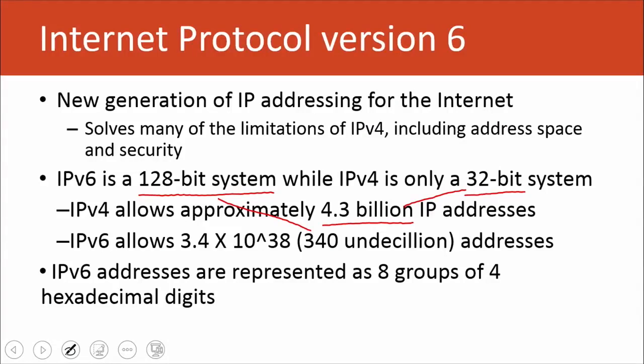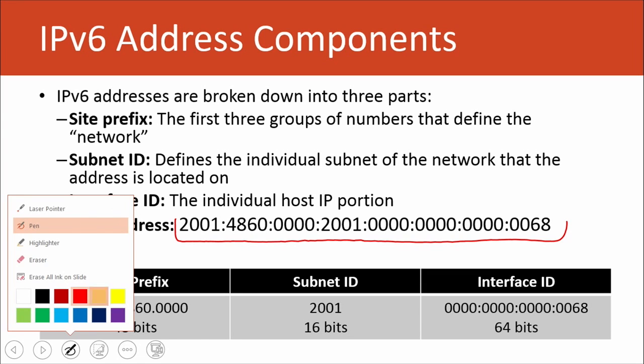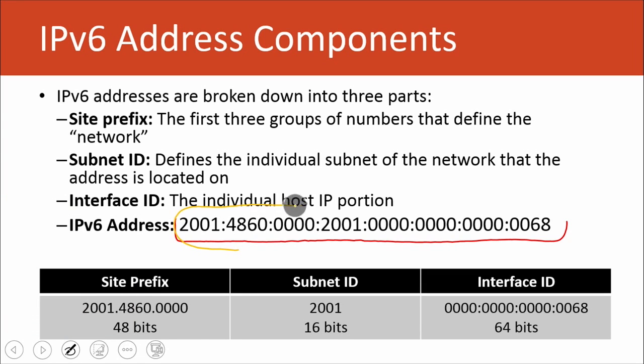And so IPv6 addresses are represented differently from IPv4 addresses. They're actually 8 groups of 4 hexadecimal digits. Here we have a sample address. There's a site prefix, so the first 3 groups make up the site prefix.